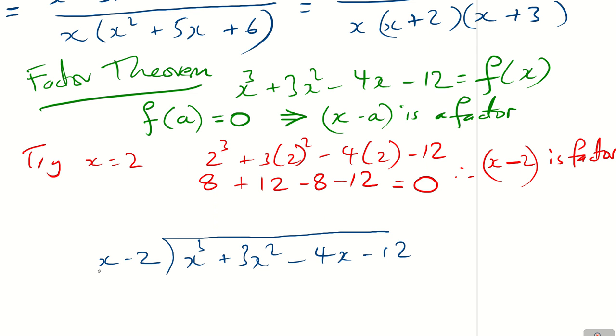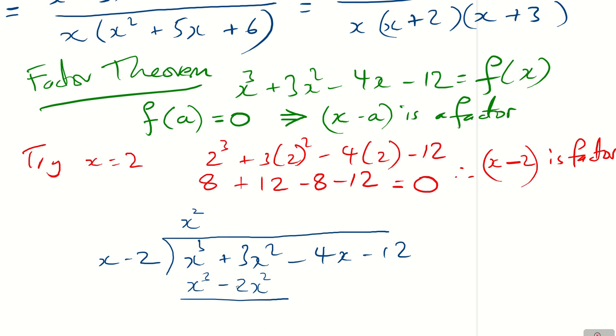The way you do it is you say, what do I times x by to get x cubed? Well, it's just x squared, and that gives me x cubed minus 2x squared. I then do a subtraction.